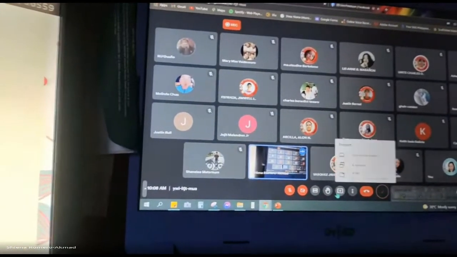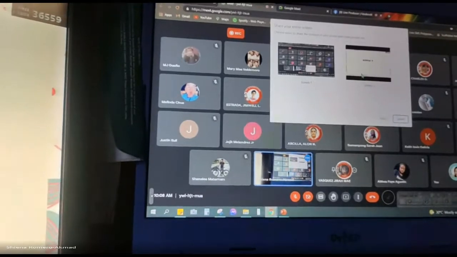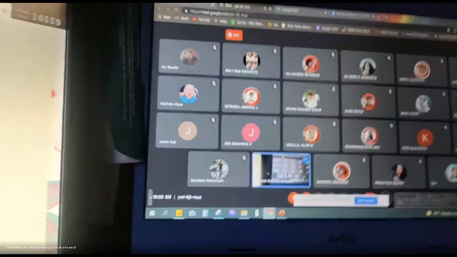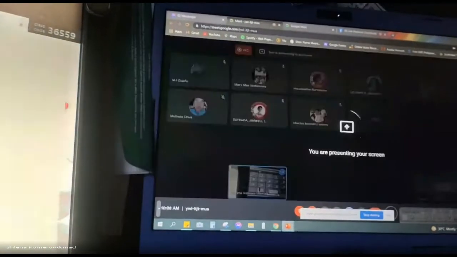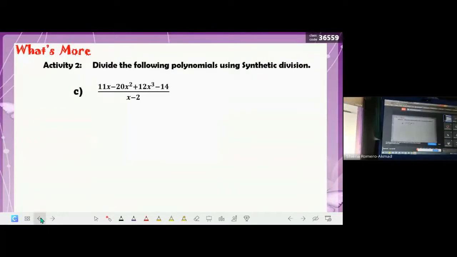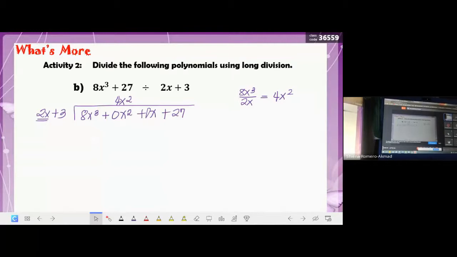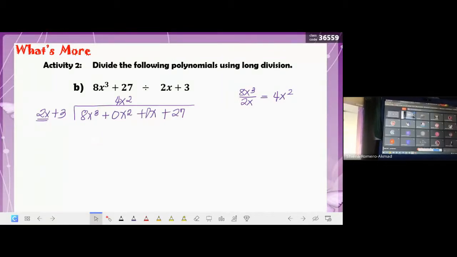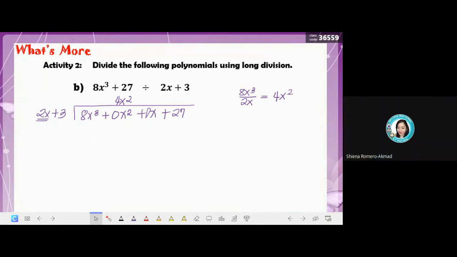Share screen. Pero pag sinaksak ko siya, wait lang. Nakita niyo na yung screen ko, diba?